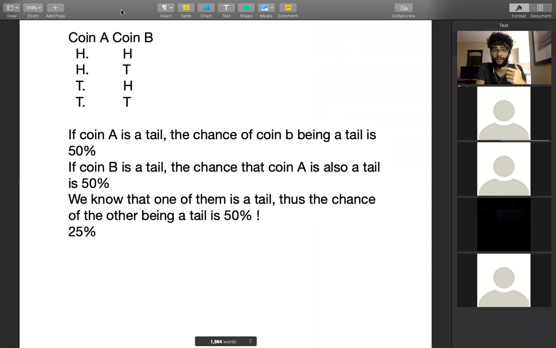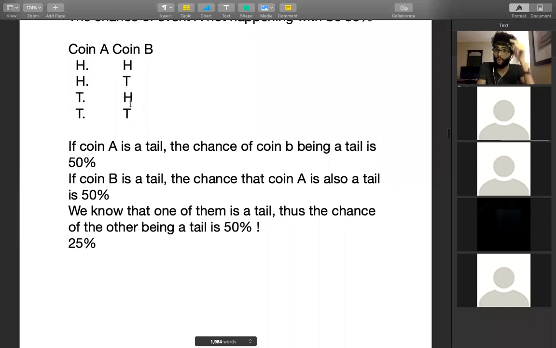As you figure it out, I want to give you one more justification for 25%. We have 4 possible options: head-head, head-tail, tail-head, and tail-tail. And now somebody has told us that one coin is a tail, and now we are asking what is the chance that the other one is a tail. So if the other coin is also a tail, then what does it mean?